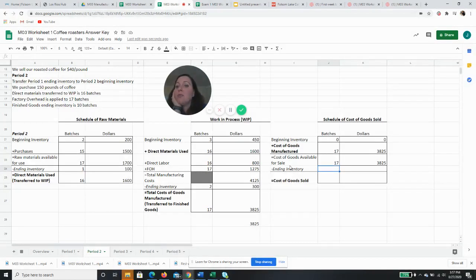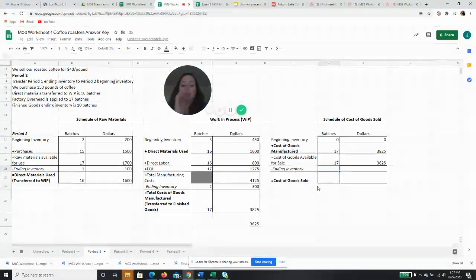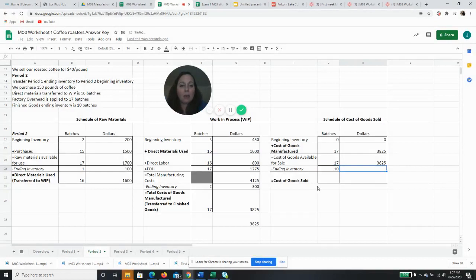Okay, it says finished goods ending inventory is 10 batches. So I'm going to multiply 10 by 225, since one finished good batch is 225. So it's $2,250. So 17 I could have sold, but 10 I didn't because they're still in ending inventory, which means I must have sold 7 batches.